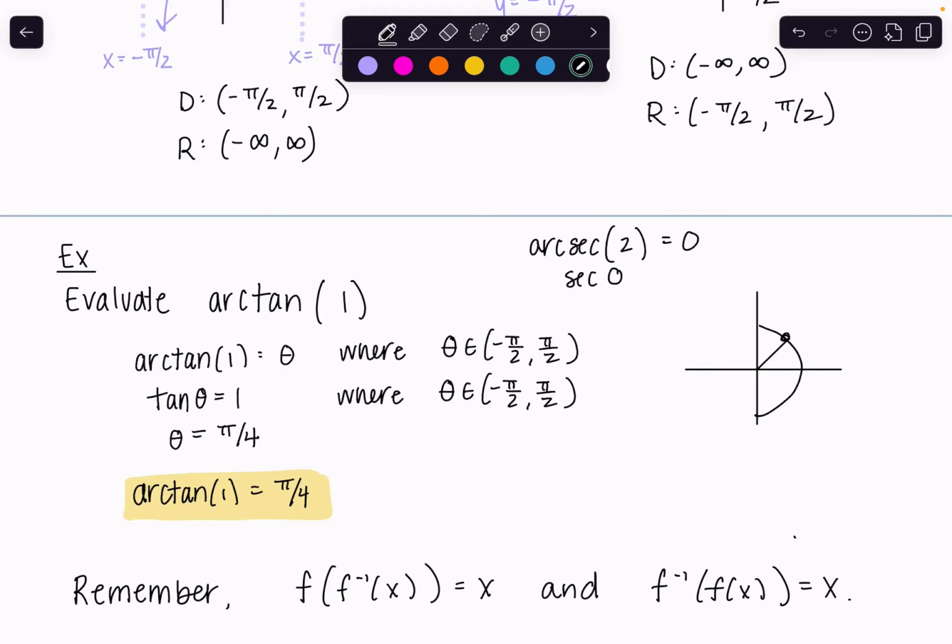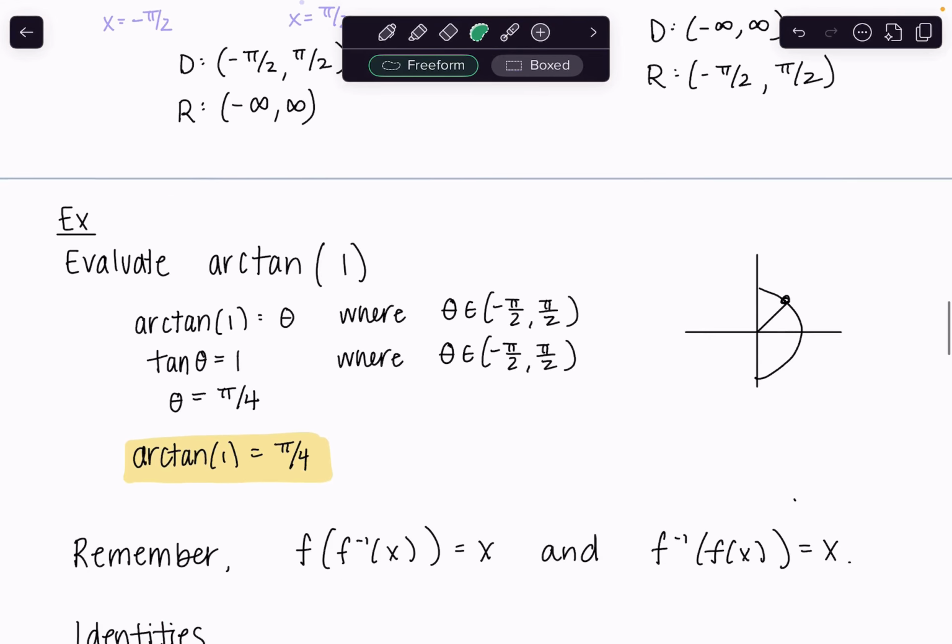This is asking where does secant of theta equal 2, which is the same thing as asking where does cosine of theta equal 1/2. You use the same interval as for the cosine function, so you'd be looking in quadrant 1 or quadrant 2. Just for time's sake, we're not going to bother with those. We really want to focus on our 3 main trig functions instead.